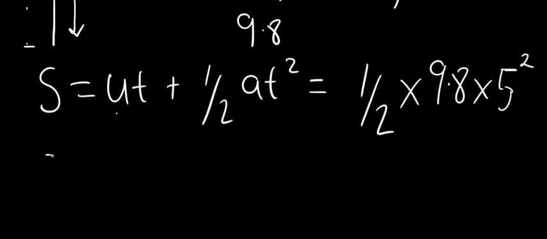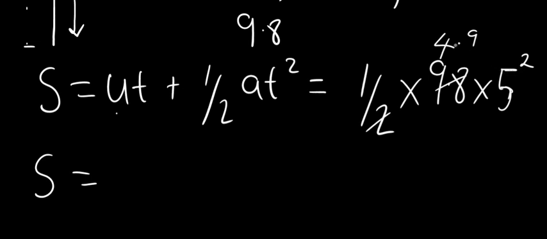So it means that our S will be equal to half of 9.8, which gives us 4.9. Then 5 squared, 5 raised to power 2 is 5 times 5, which is 25.